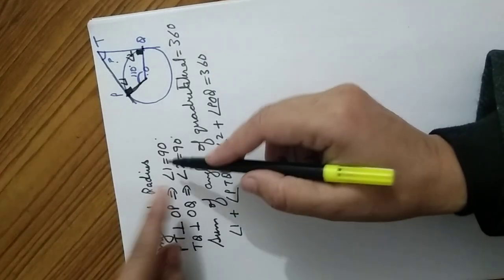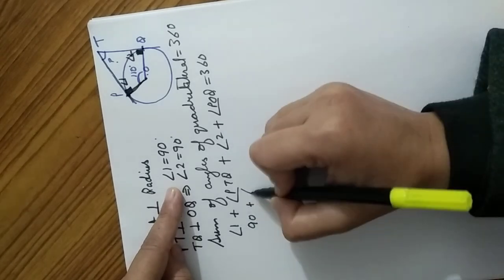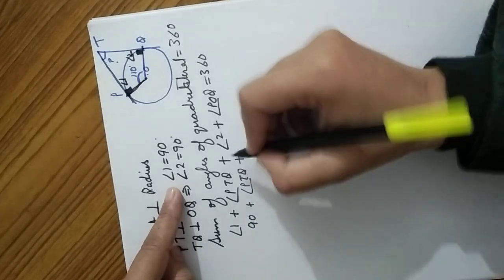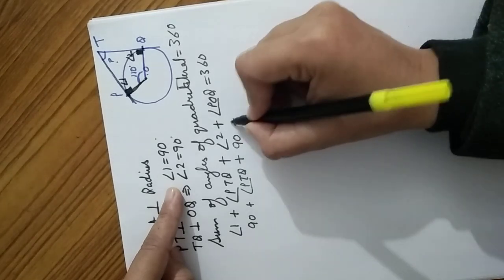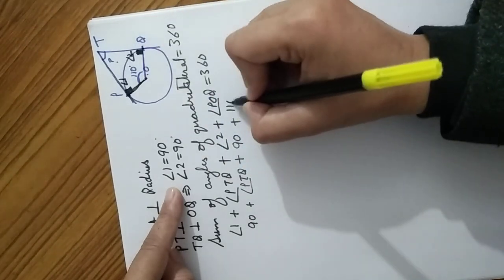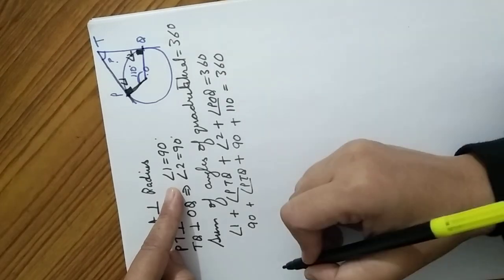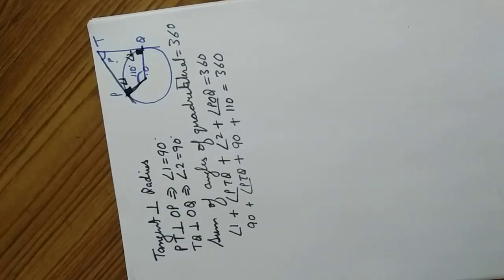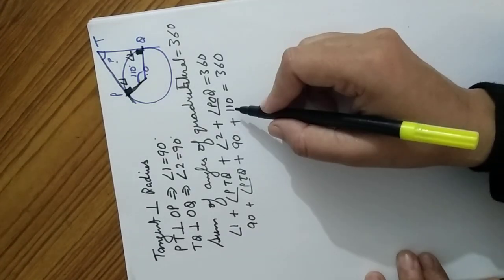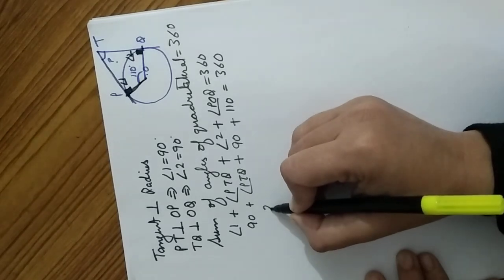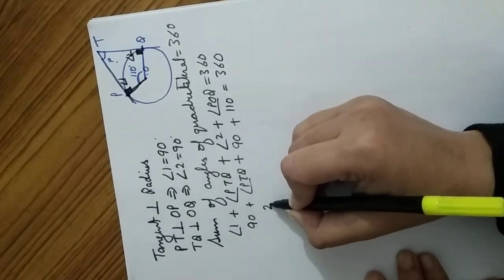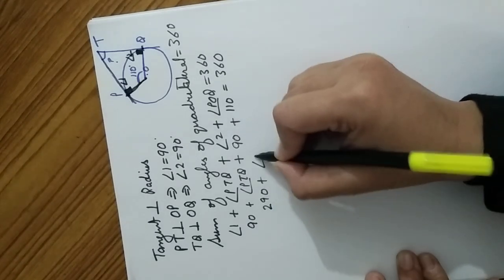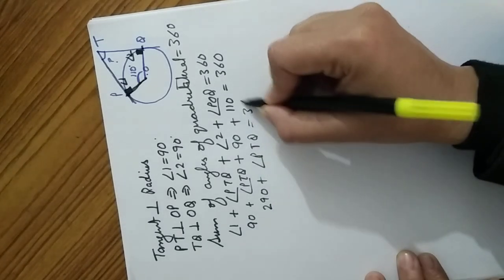Now we will put the values here. Angle 1 is 90 degrees, angle PTQ we have to find, angle 2 is again 90 degrees, and angle POQ is given to us as 110. So the sum is equal to 360. Now we will add all these angles: 110 plus 90 plus 90. 90 plus 90 is 180, and 180 plus 110 becomes 290. 290 plus angle PTQ is equal to 360.